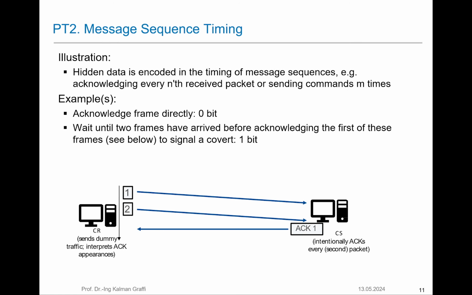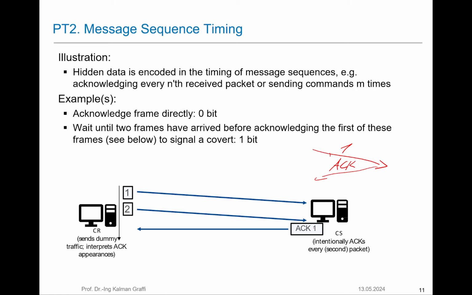What you can also have is message sequence timing. So for example, if you know that there are some acknowledgements, in TCP you typically have to acknowledge every packet. You have two options.